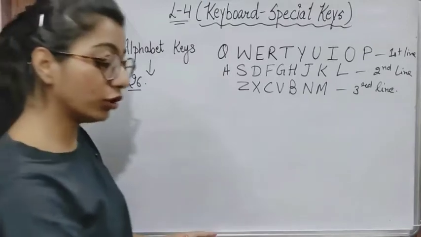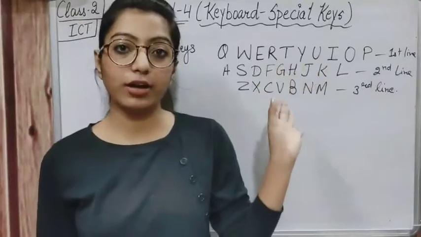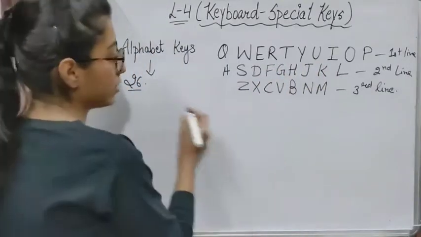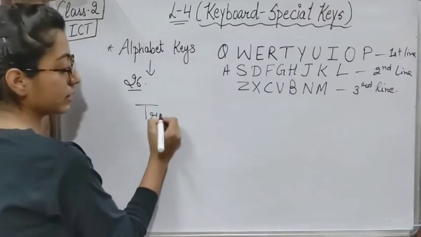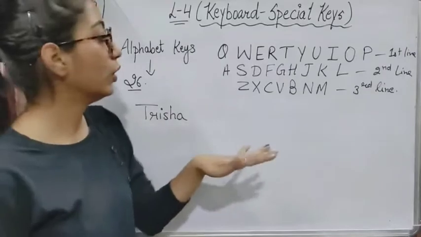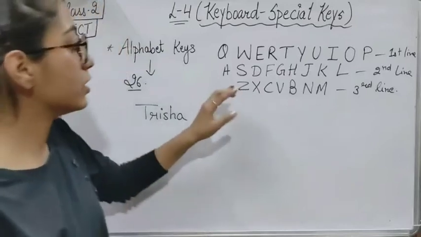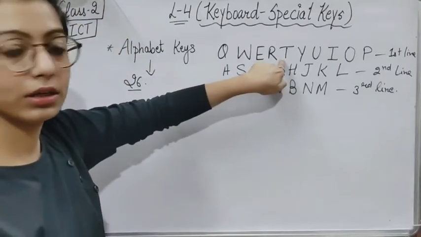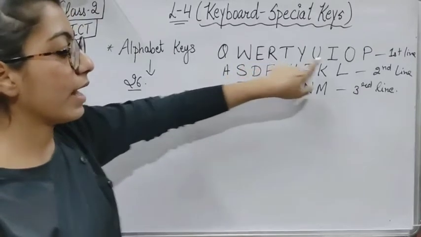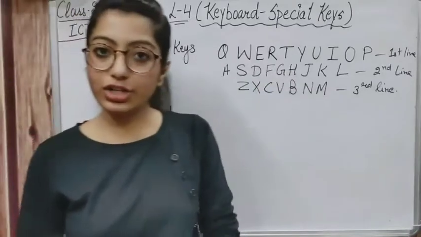So, if you want to write the name Trisha here, how will you write it? If you want to type this name, you will just open your notepad and press the key T, R. After T, you will press R, then I, then S, H, A. Trisha.